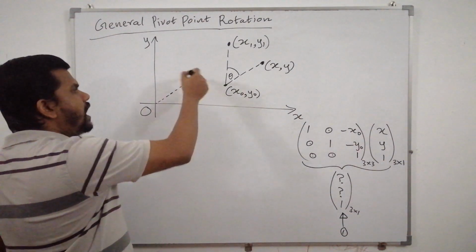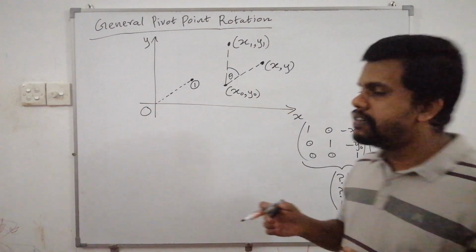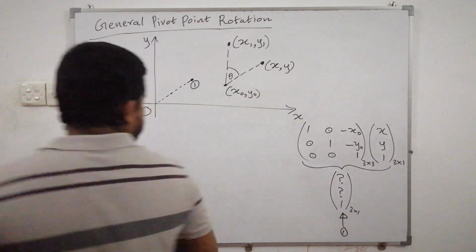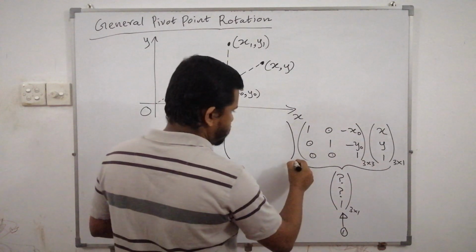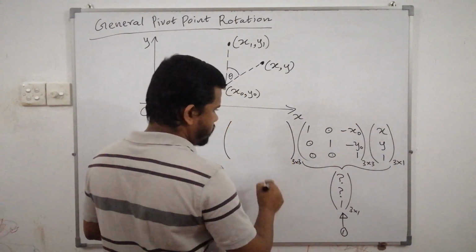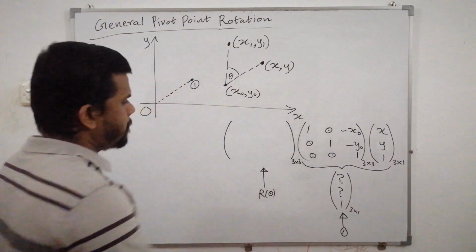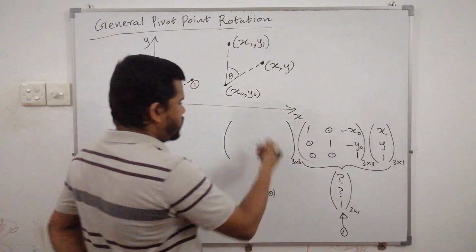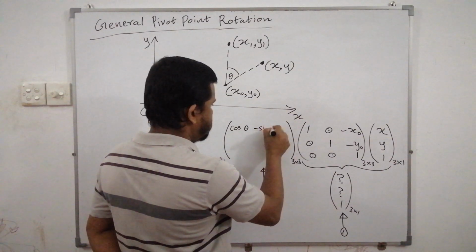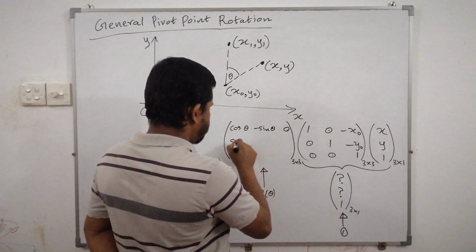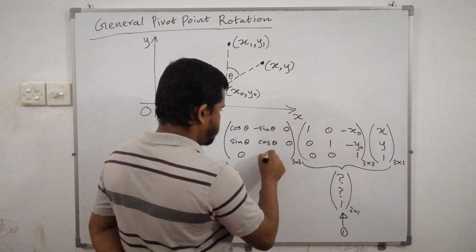Now this point we can rotate around the origin by an angle of theta. So here we put the 3 cross 3 matrix, this one, R theta. We have already derived this one: cos theta, minus sin theta, 0; sin theta, cos theta, 0; 0, 0, 1.